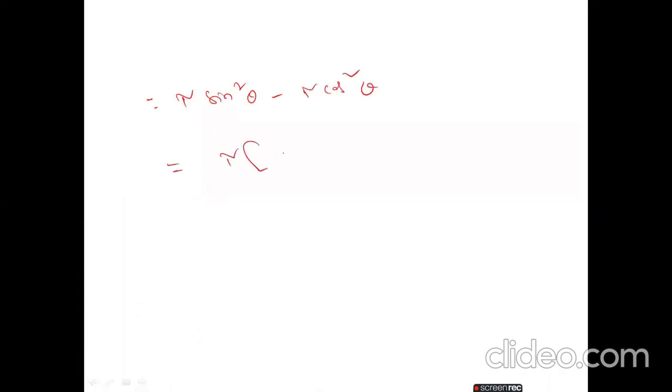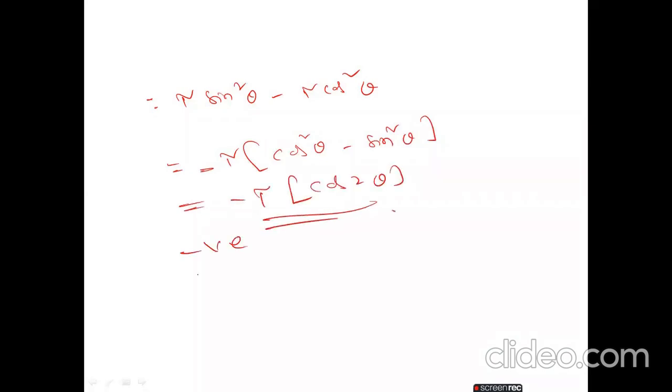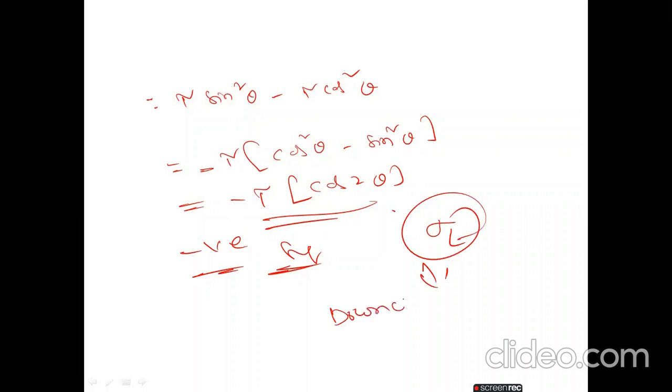You know what happens? Tau into minus, if you take it in common, that is cos square theta minus sin square theta. So minus tau into cos 2 theta. Okay, when you are taking the negative sign, it shows that sigma t will be acting in the downward direction.